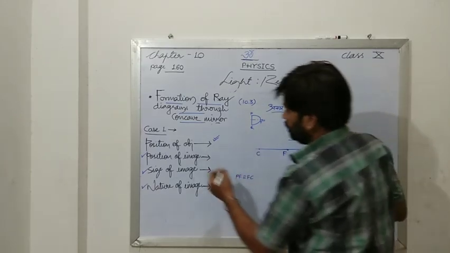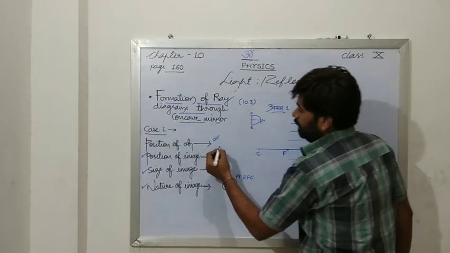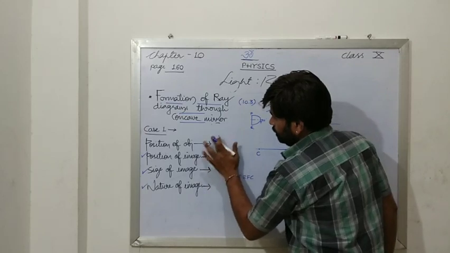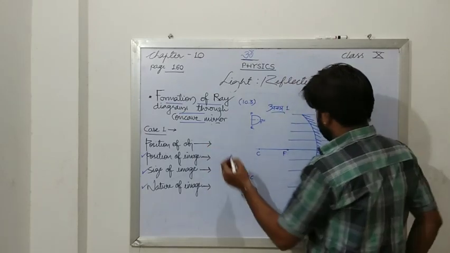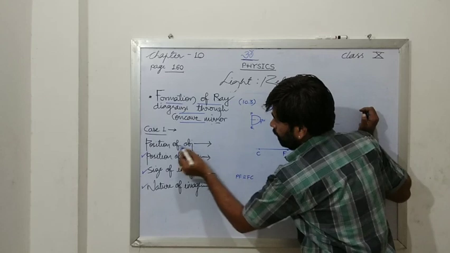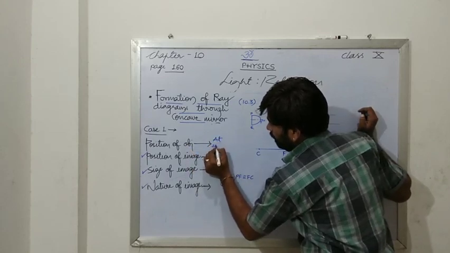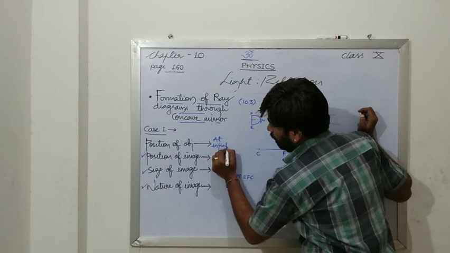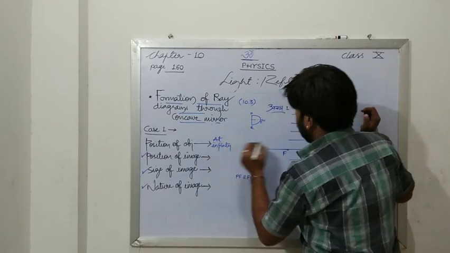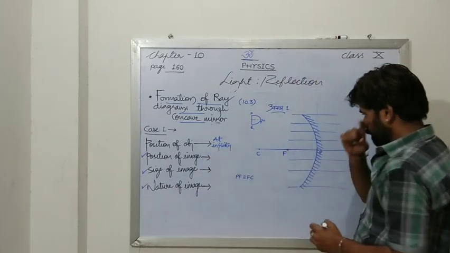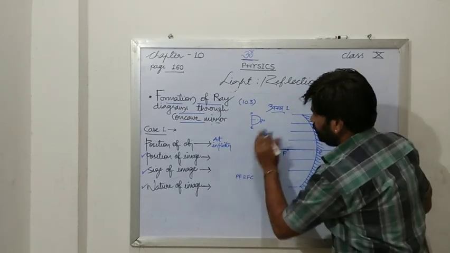So for the first one, case number 1, let us see the position as it is given in your book. The position of object is at infinity.